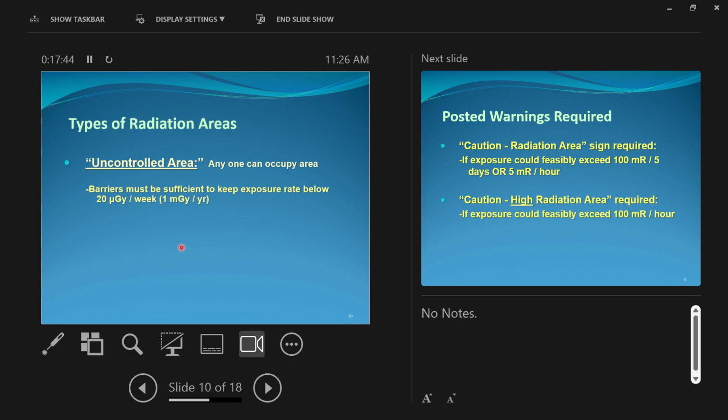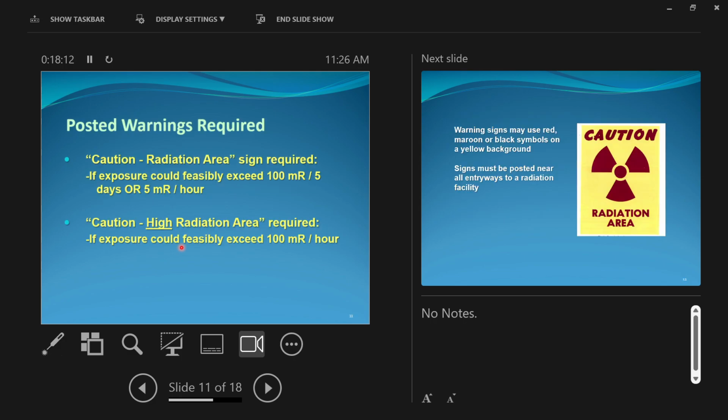In uncontrolled areas, barriers must be sufficient to keep exposure rate below 20 microgray per week or 1 milligray per year. So a lot lower. Uncontrolled areas have a lot less radiation use. This would be like if you're a mobile radiographer and you go to somebody's inpatient room or something like that. That's an uncontrolled area.